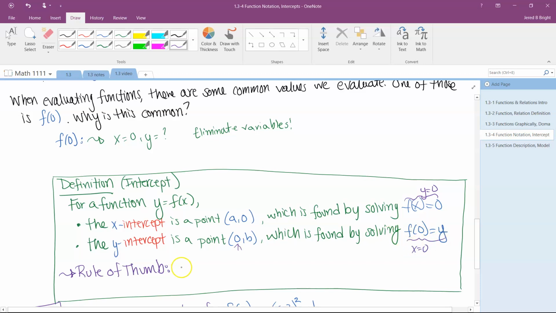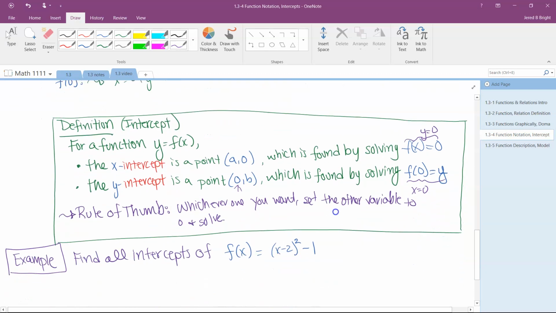So the rule of thumb, whichever one you want, set the other variable to 0 and solve.